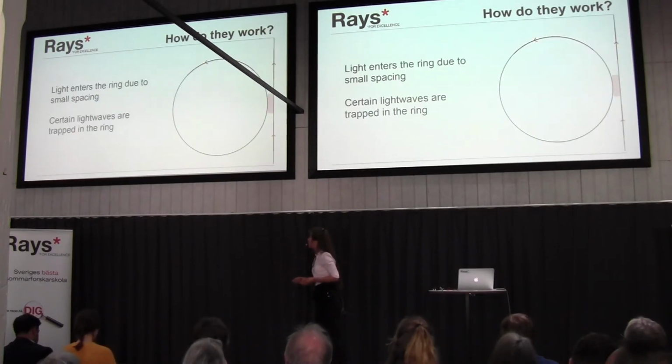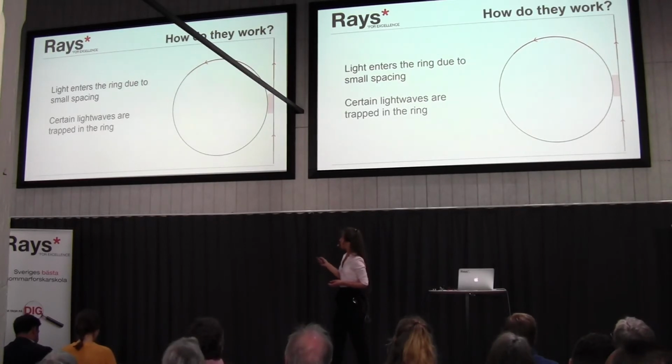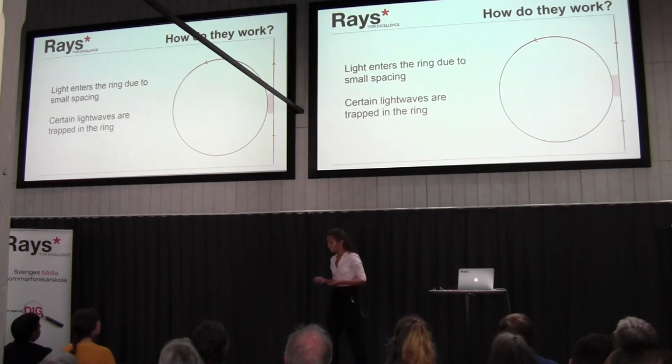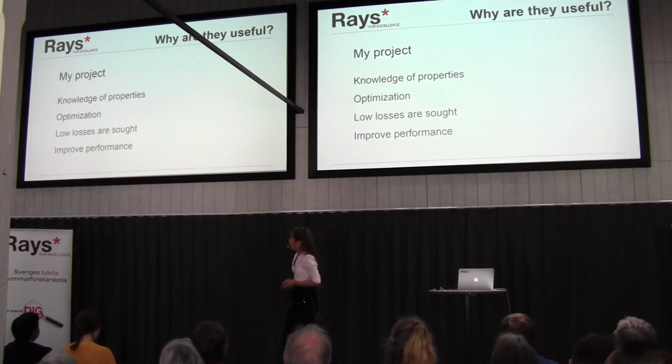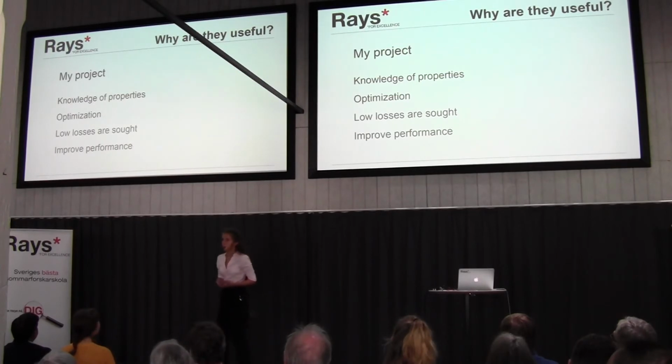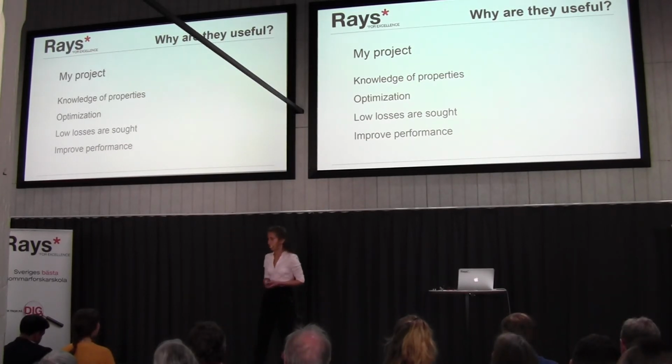And I can go back to this picture. So in the first ring, there were losses out of the ring here. But in the second one, this coupling here was not optimal. So that means that after this study, we know what to do with the devices to get better ones. So the first one, we have to improve the fabrication, while in the second one, we have to change the geometry of it.